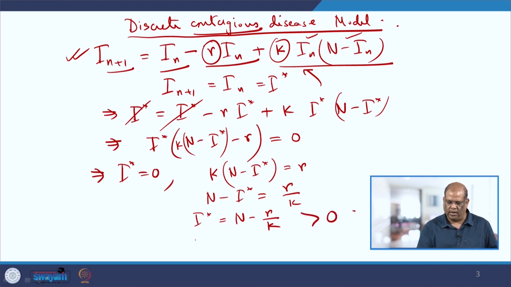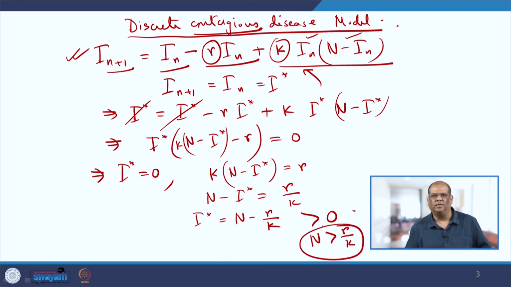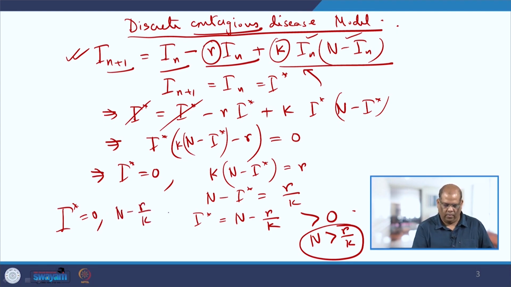So, for the existence of this solution, N must be greater than R by k. That is the existence condition for the non-zero equilibrium solution. So, we have two equilibria, I star equal to 0 and I star equal to N minus R by k, where N is greater than R by k.